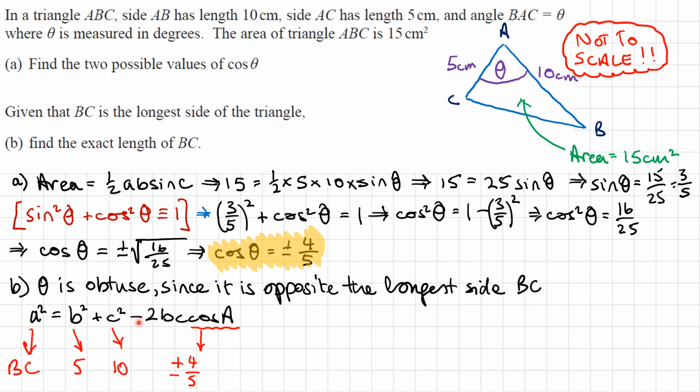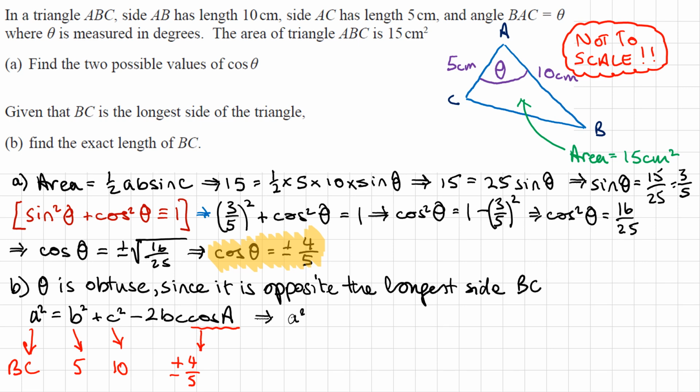I will be adding something to b squared plus c squared. It's going to give me a larger value for a squared. So I'm going to be using the negative 4/5, because with negative 4/5 here, this whole part of the expression will become negative, and subtract a negative becomes adding. So that tells me all the values I need to use.